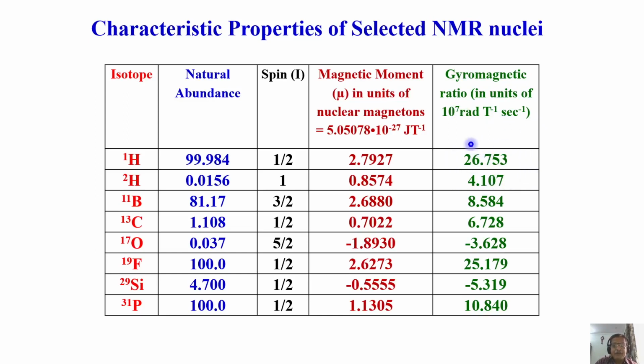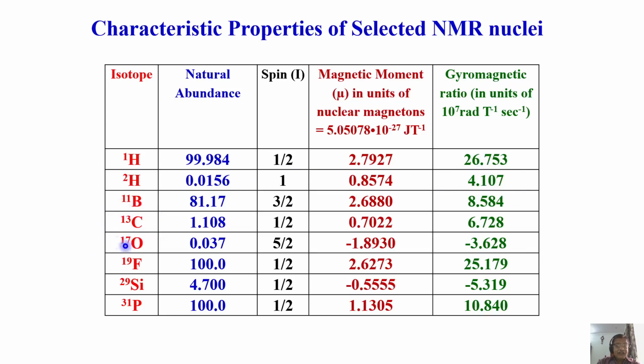That I have been repeating. I told you earlier also. Now look at the same thing for deuterium. It has a very small abundance, 0.0156. Spin is 1 and gamma, you see, is much, much smaller, about 6.5 times smaller than that of proton. On the other hand, look at carbon 13.